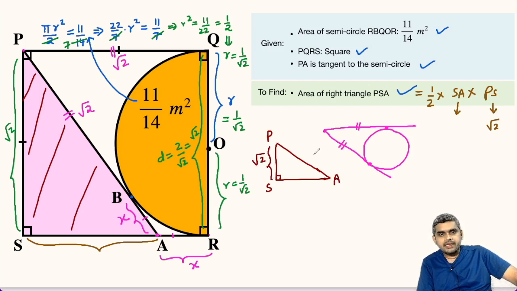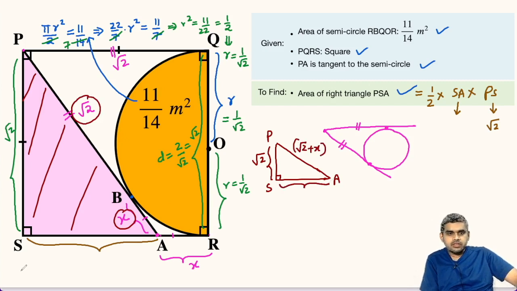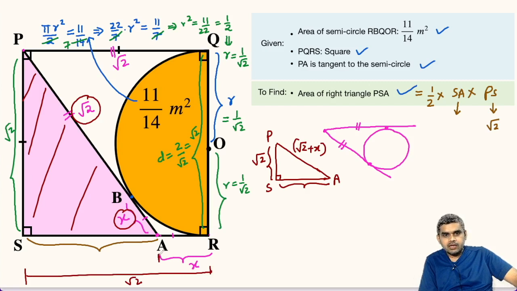PA will be root 2 plus X. What will be SA? If we see here, S to R, this distance is root 2, and from R to A is X. So the remaining distance SA will be root 2 minus X. So let us write down root 2 minus X.